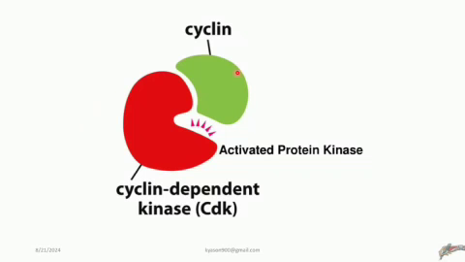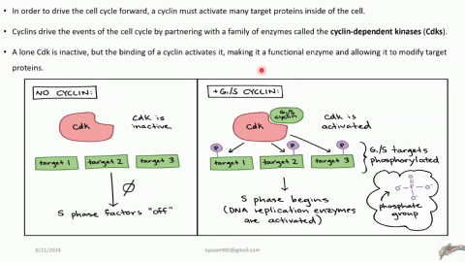But these proteins don't act in isolation. Actually, they can't even act in isolation. For them to act, there must be an enzyme called cyclin-dependent kinase. This enzyme normally binds to the cyclin protein, and once it's bound, the whole complex becomes activated and results in continuation of the cell cycle.